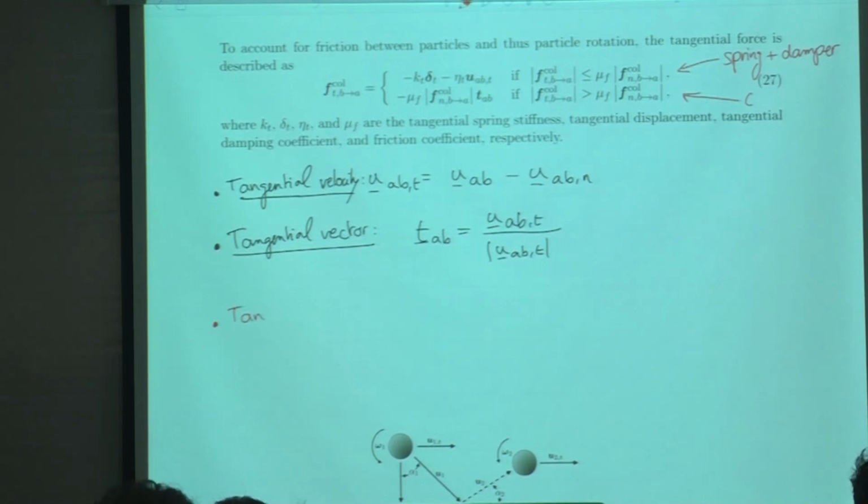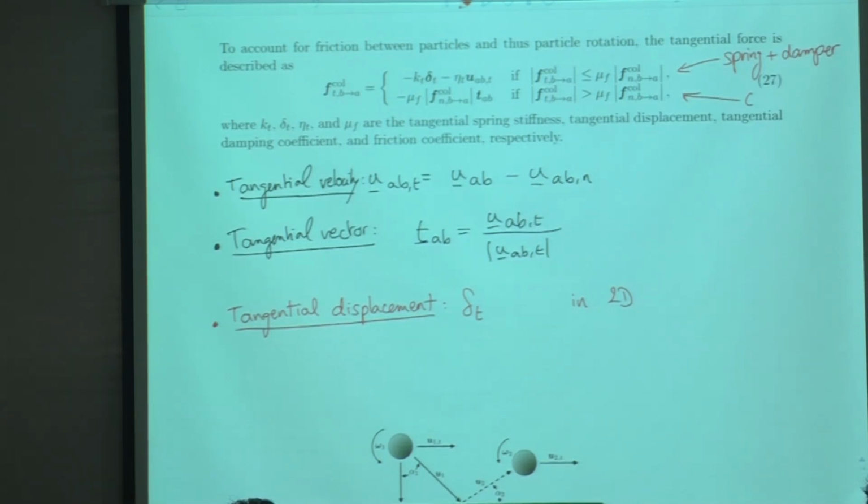So I'll just make a note and we'll write what it is in 2D. I'll leave to your imagination and literature search what this represents in full 3D. But this tangential displacement delta t, in 2D, is really the time integral over the course of the collision of the tangential relative velocity.